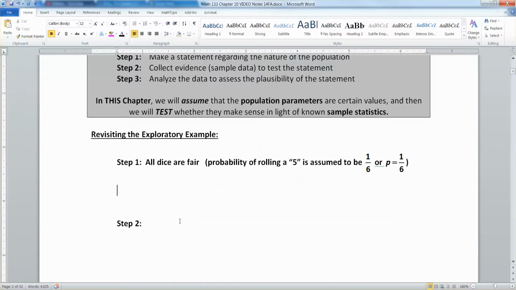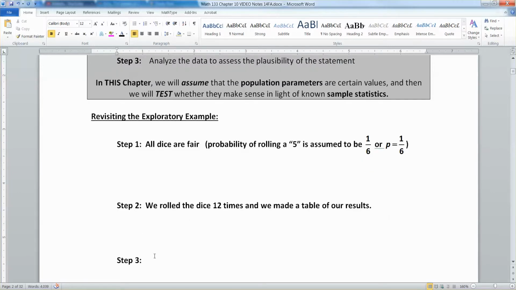In my class, my students assumed that. Then step 2, we gathered evidence. So in class, we rolled the dice 12 times, and we made a table of our results. That's what we did in class. Roll the dice and see what happens.